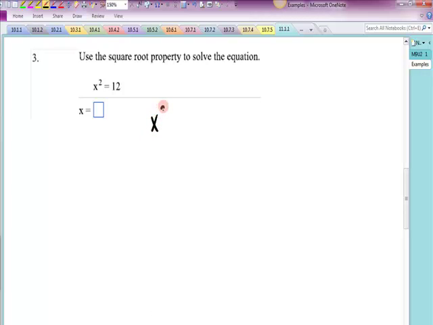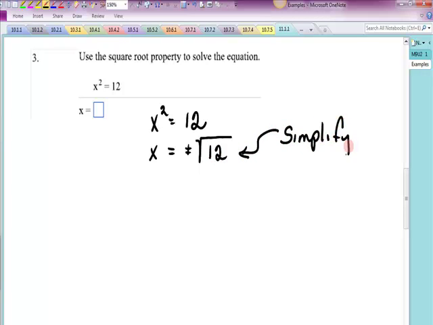I have x squared is equal to 12. The format is correct. I have x squared is equal to a constant. So I take the square root to get x, and I take the positive and negative square roots of 12. I always ask if I can simplify. Well, yes, I can.